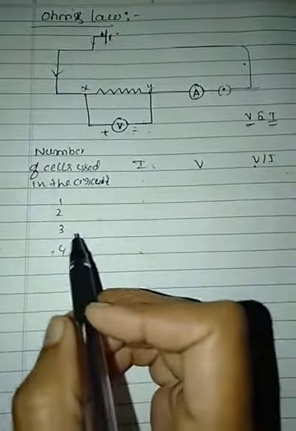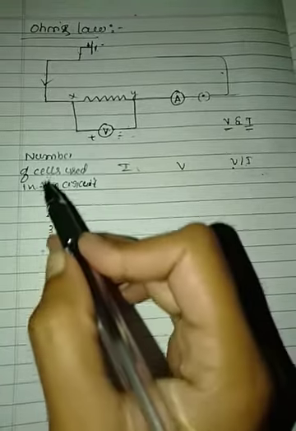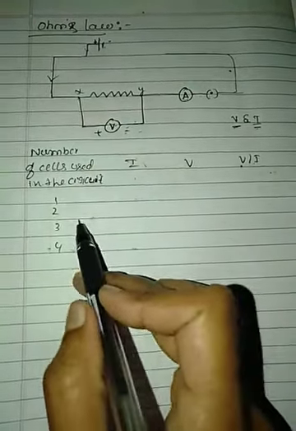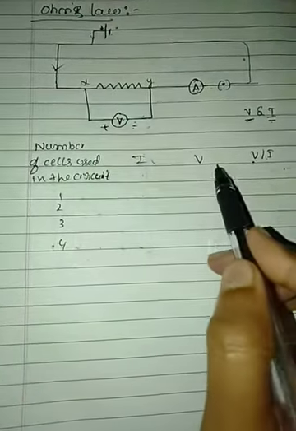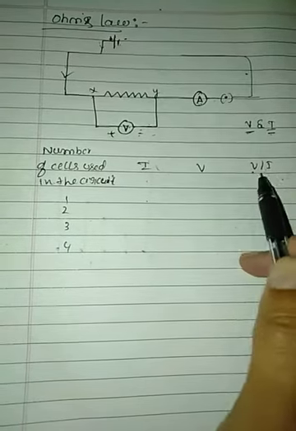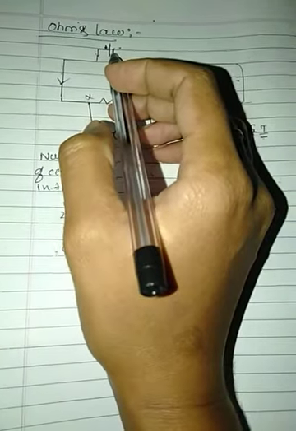Now make a table. In the first column, the number of cells used in the circuit, the second column current, the third column voltage, and at the end the V by I ratio. First we use only one cell as the source.